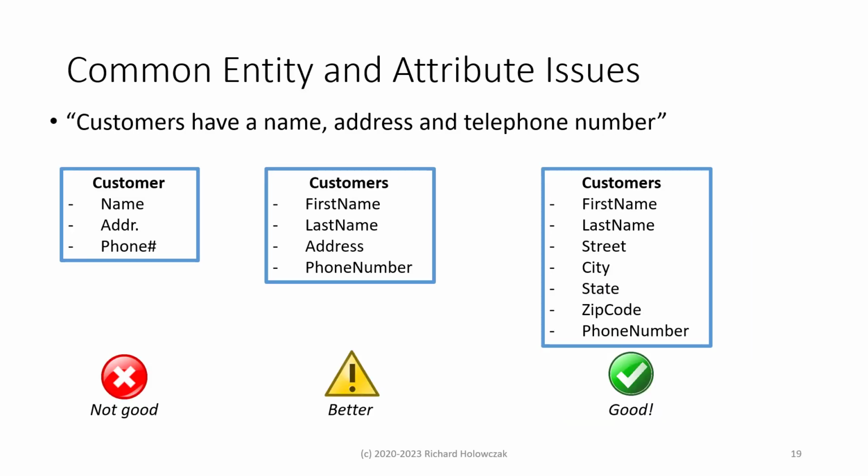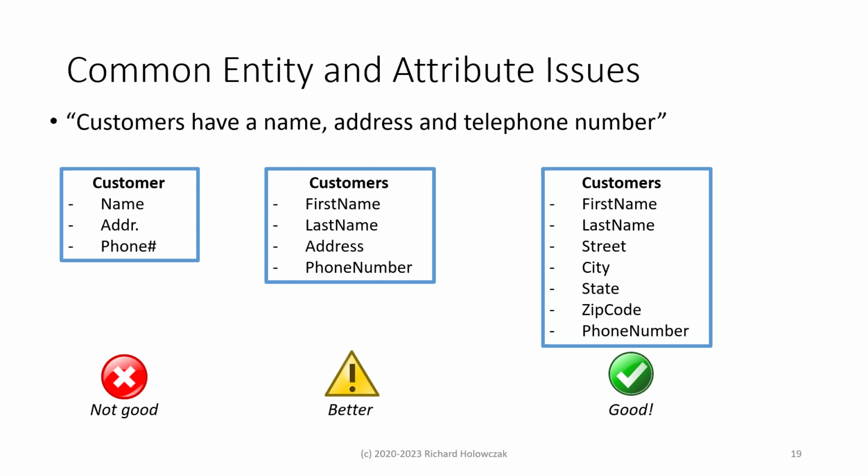Now I'd like to talk about some common pitfalls or issues that we might come across when we have entities and attributes. The first one is sometimes we might follow what was written in the case study a little too literally, if you will.